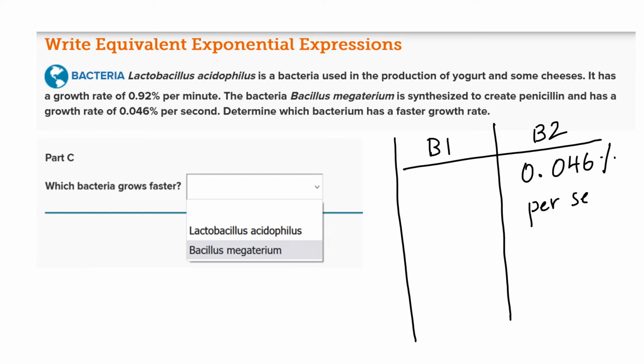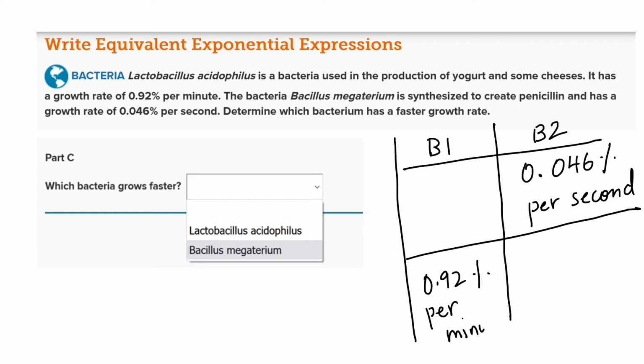This was when we were using the unit of seconds. And for B1 in the question, it was mentioned 0.92%, and this was per minute. Now in the first parts A and B, you have concluded the rates for bacteria B1 and bacteria B2 accordingly.